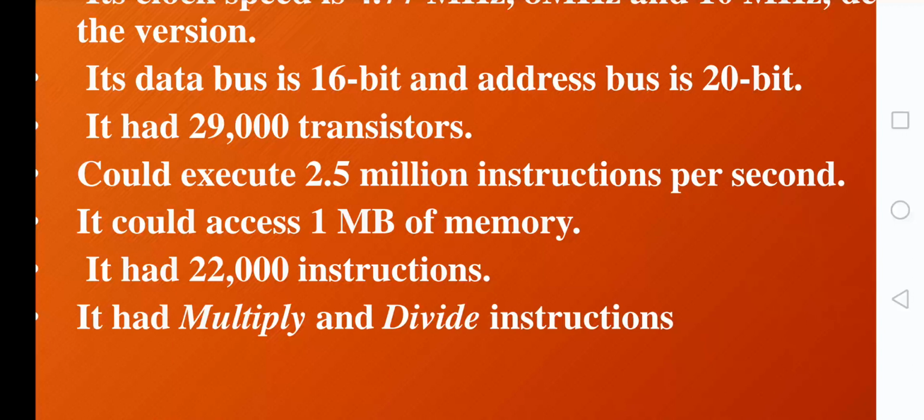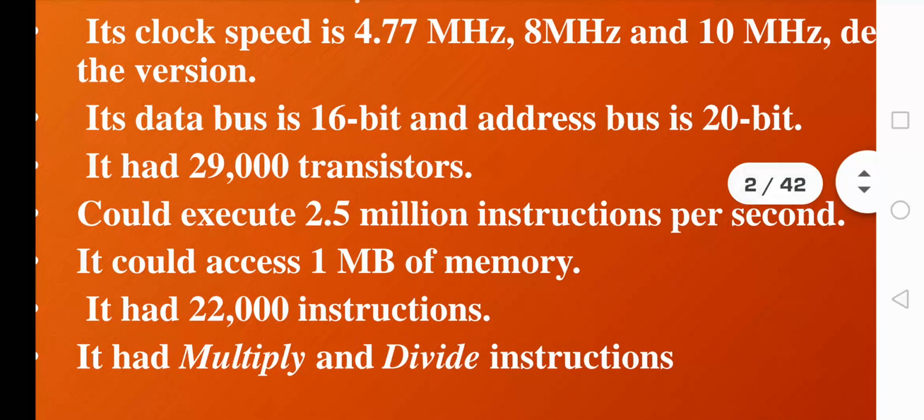On the other hand, the address bus capacity of a particular processor will help you decide how much memory that processor can access, because an address is always related to memory. So the address bus of 8086, since it is 20 bits, means the 8086 processor can access 2 raised to 20 memory locations, otherwise called 1 MB of memory. So the 8086 processor can access only 1 megabyte of memory.